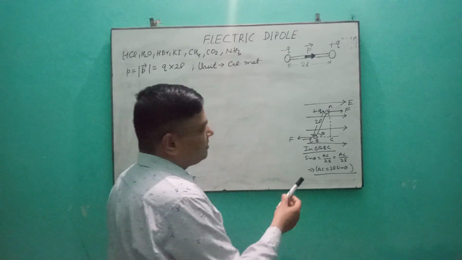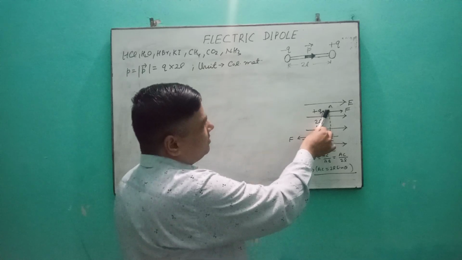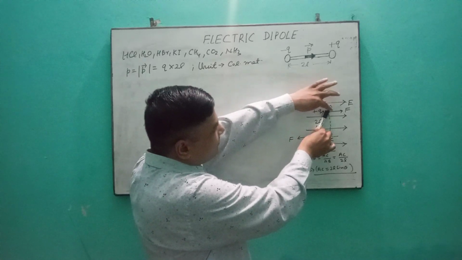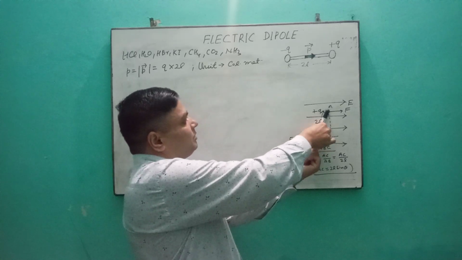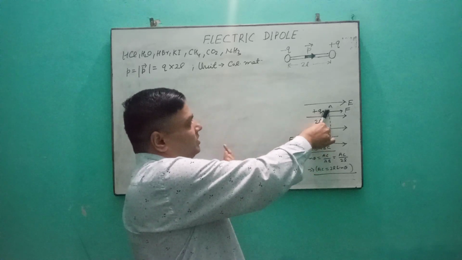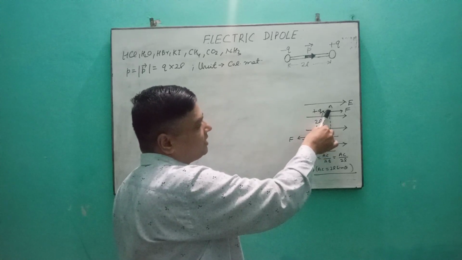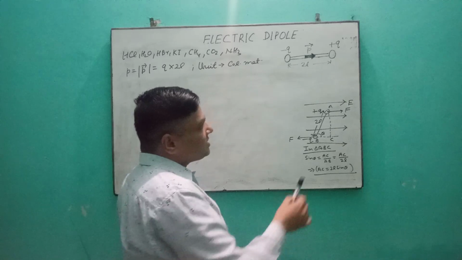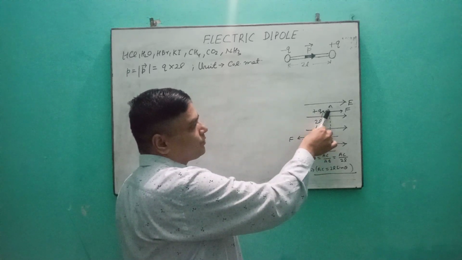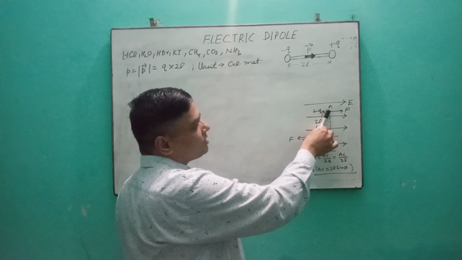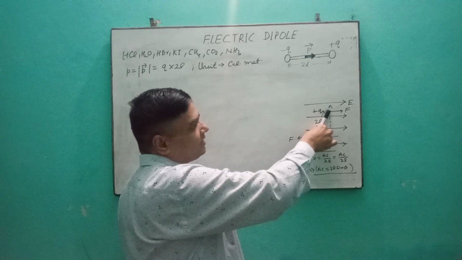So we have seen that if we put our electric dipole in a uniform electric field, on this end there will be a force in the direction of the electric field, and on the other end there will be a force in the opposite direction of the electric field. They are equal and opposite forces, and hence we can say that they form a couple of forces, and this couple will try to align our electric dipole in the direction of the electric field.